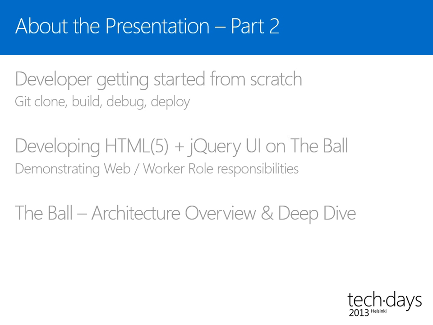Then, on the first demo, we also present how we develop the HTML front end in combination with the back end, and through the demos also deep dive into web and worker role responsibilities, and then focus more on the architectural overview and a deeper dive through Visual Studio and a few slides that cover the architecture.